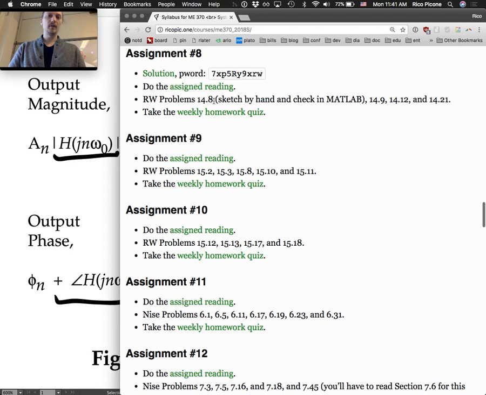This is the one that was due last week, before the exam. So this week we have assignment 9 and a quiz over it on Friday. And then next week we have assignment 10, both from chapter 15 of the system dynamics.